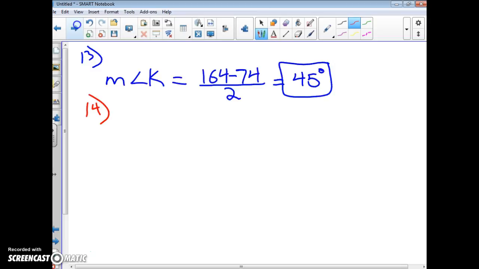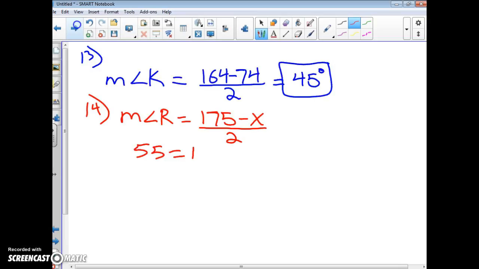Number 14. Again, I'm going to follow the property. The measure of angle R is equal to 175 minus, we don't know that small arc, so I'm going to put it as x, over 2. I do know that the measure of angle R is 55, so I'm going to plug that in. And now I'm going to solve this equation.